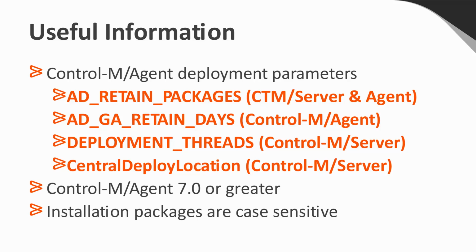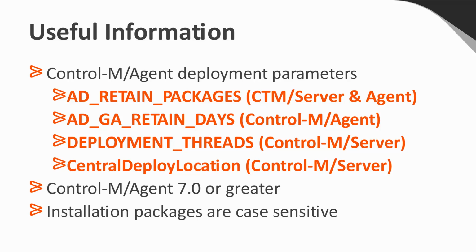We can increase it or decrease it. And well, we keep the packages in case that we need to retry the upgrade, or for example, in the server, in case that you are going to create another activity for another group of agents. So that simplifies the process. There is no need to send the package again from the EM to the Control-M server. That saves us some time. So the retention of the installation packages is controlled by this system parameter.